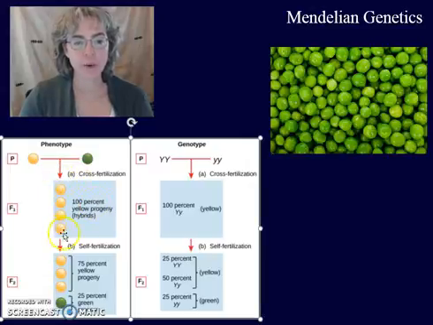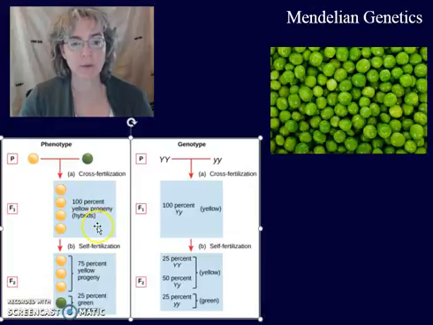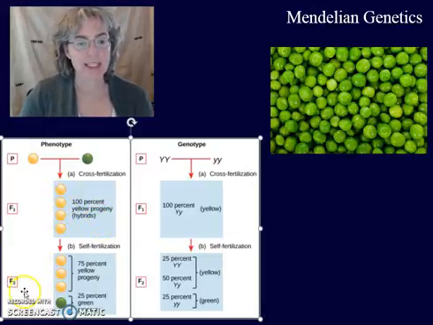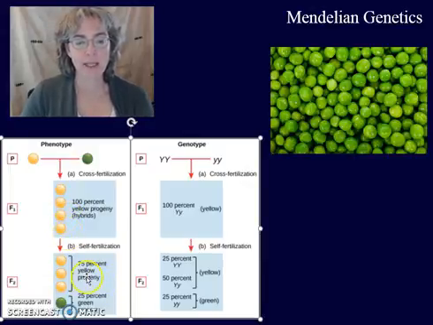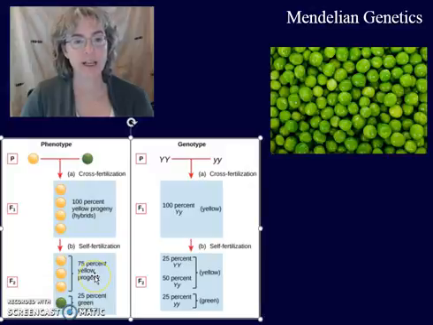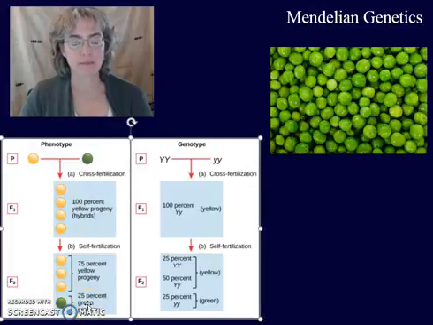And in the first generation, we have 100% yellow. So we know that yellow is dominant. In the second generation, if we were to self-fertilize the plants from each of these seeds, we would get 75% yellow and 25% green. So 3 to 1.